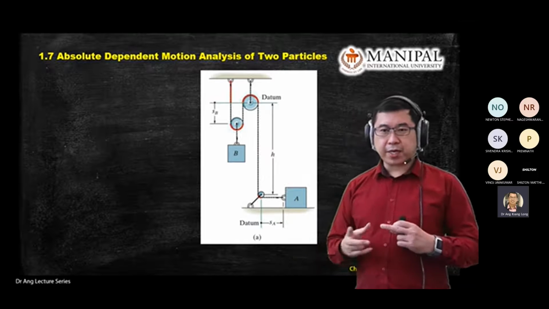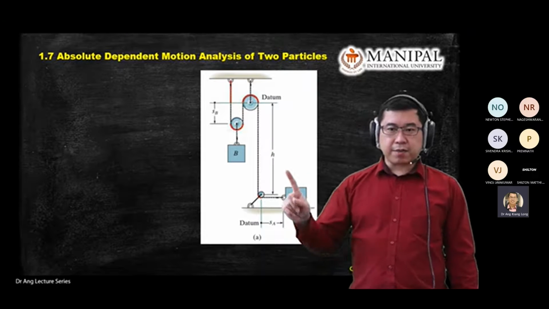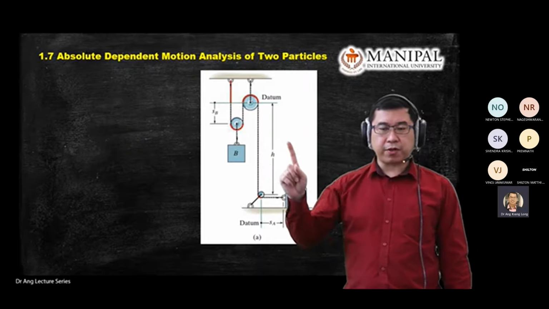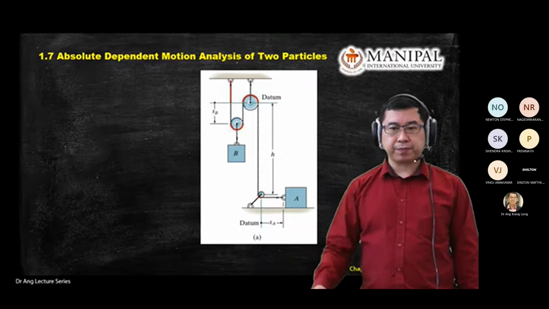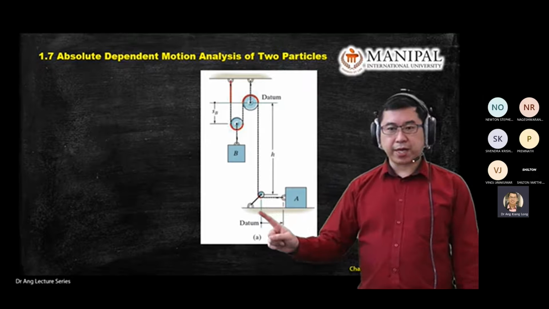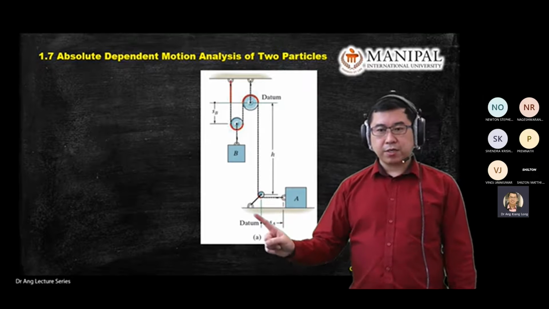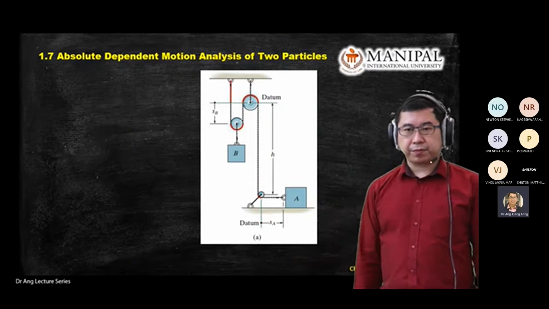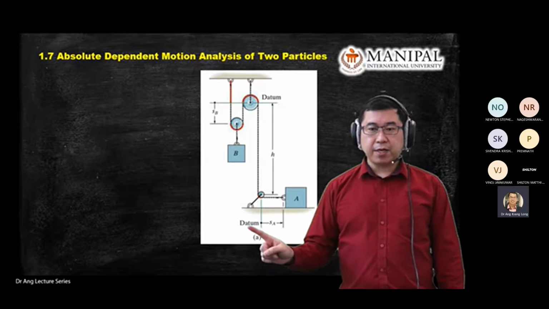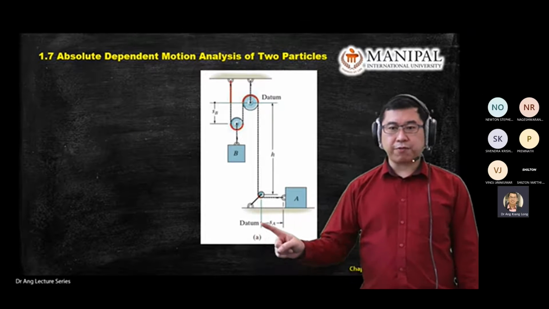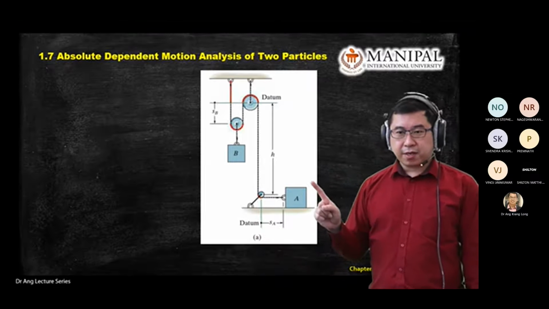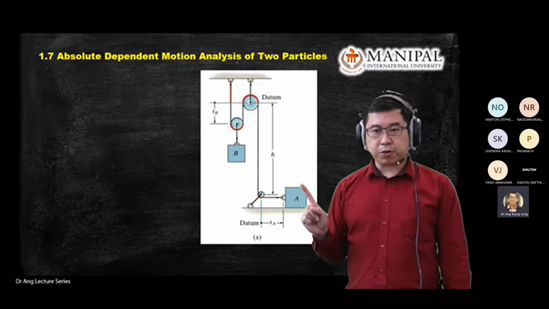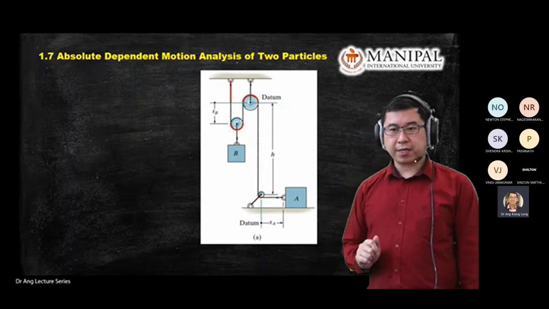The second point is, what is the datum that you define for A and B? For example, for A, you take the datum here, so the positive direction for A is this way. The function of the datum is to define where the positive displacement, or the positive position, is for that object.